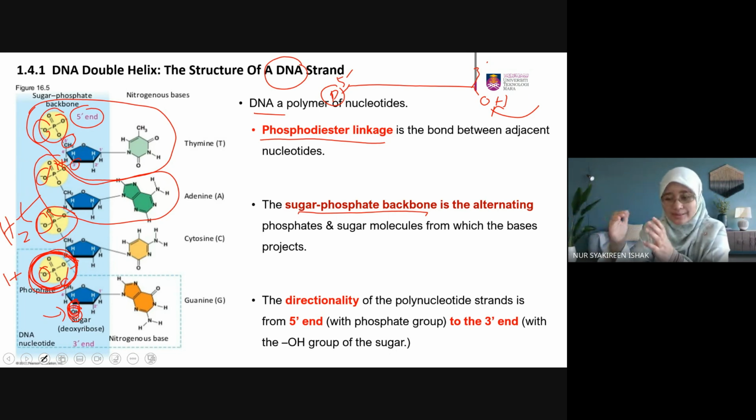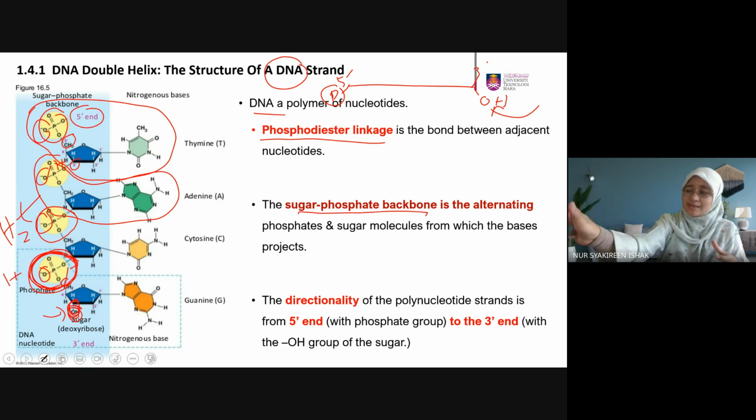There is an application that we will learn later, which shows migration of DNA in a certain apparatus. So the movement of DNA will be from negative to positive. Why does it move like that? Because DNA is negatively charged.